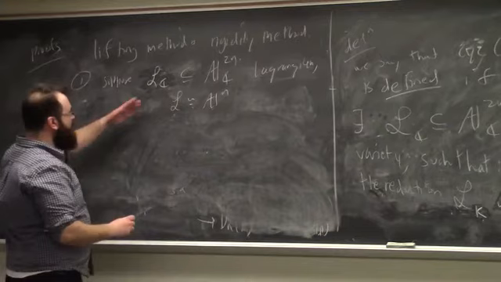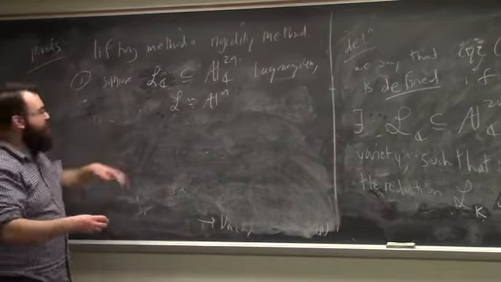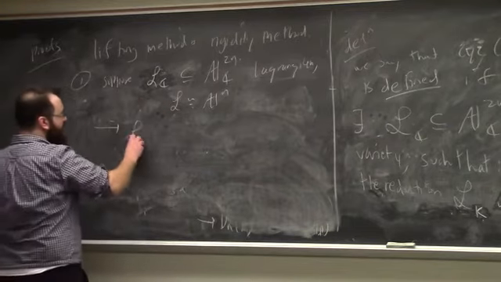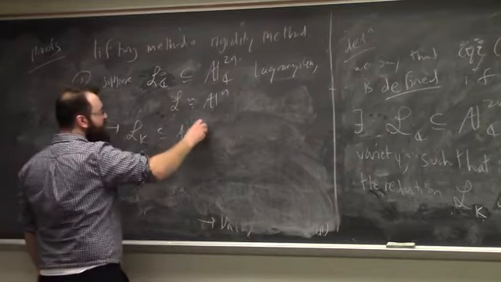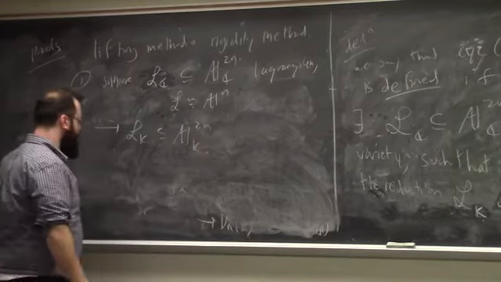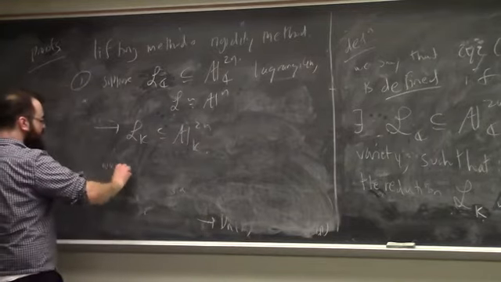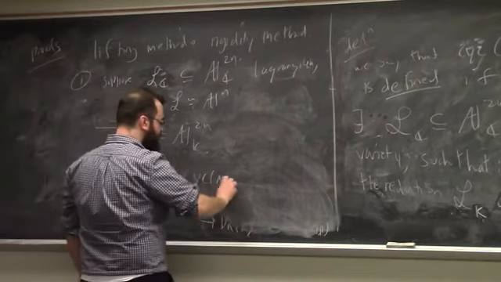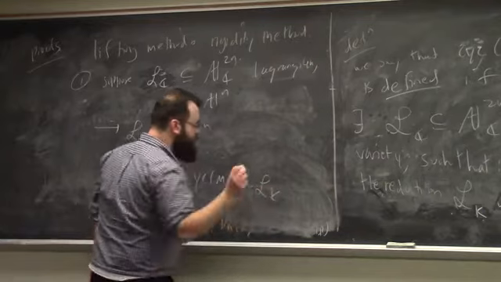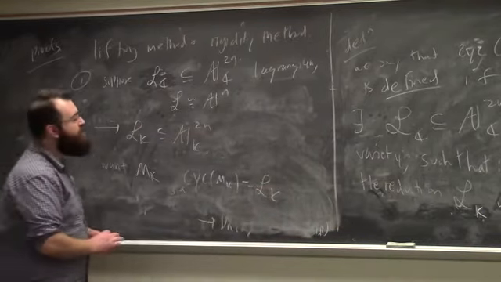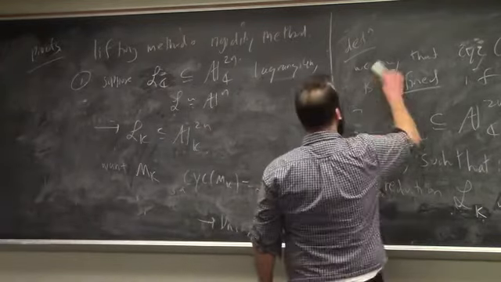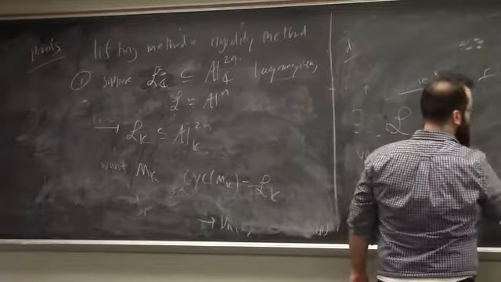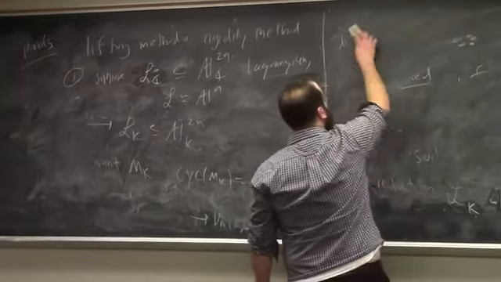Now I can reduce this L mod p for p very large. So from here I can get L_K inside A2n_K. And to this L_K I want to associate an M_K such that the cycle of M_K is equal to L_K.